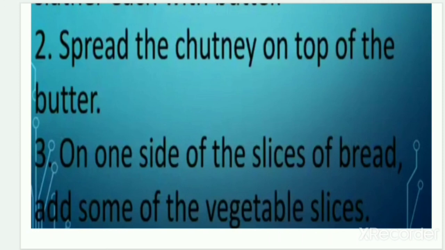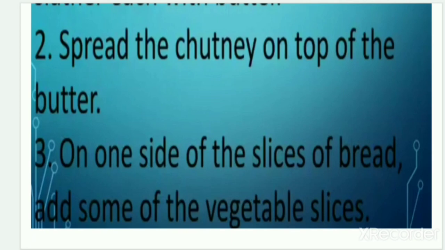Now, on one side, you will take one slice of bread and add some of the vegetable slices. We have taken one slice of cucumber, one slice of onion, two slices of tomato and one slice of potato.